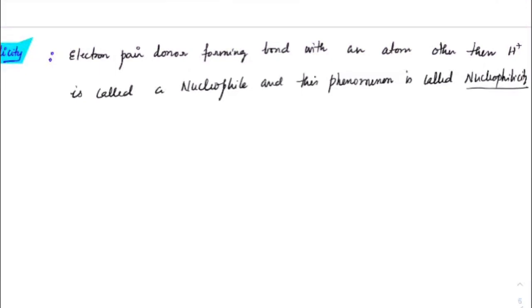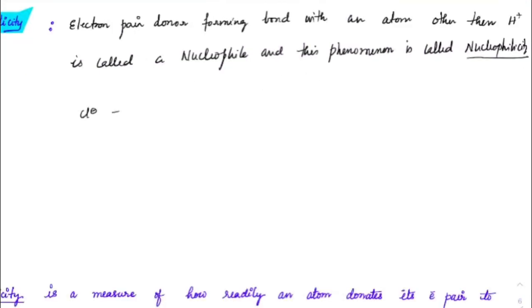In short, if we have Cl minus combining with H plus, now you can see this is the nucleophile here and this is the electrophile. Both of them are interacting with each other, but for this type of interaction, we call this species a base. We do not call it a nucleophile.